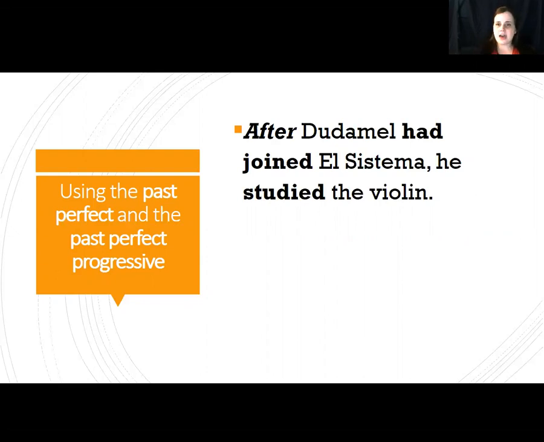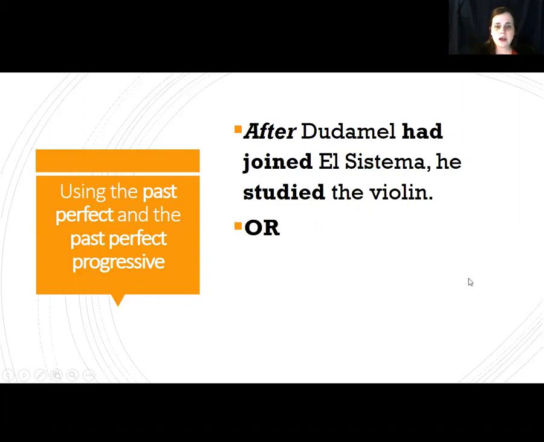We have: After Dudamel had joined El Sistema, he studied the violin. So after is our time phrase, which gives us a sense of time. Had joined is our past perfect. He studied the violin is our simple past. It's a correct sentence, it makes sense, it works.